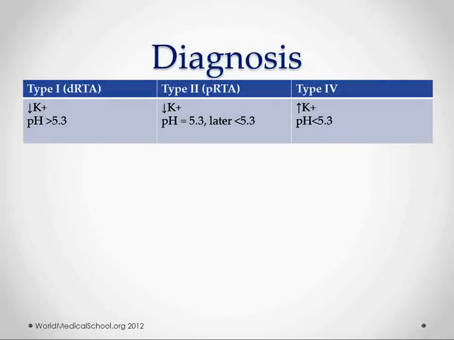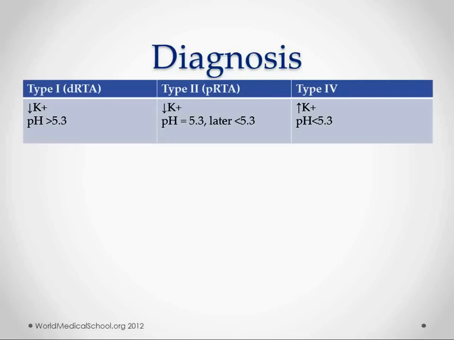How do we differentiate between these different types? Well, the two main tests that are going to tell us the difference between these are blood potassium and urine pH. Those are the biggest tests anyway. Of course, you're going to get an arterial blood gas to help you figure out that they have acidosis in the first place.